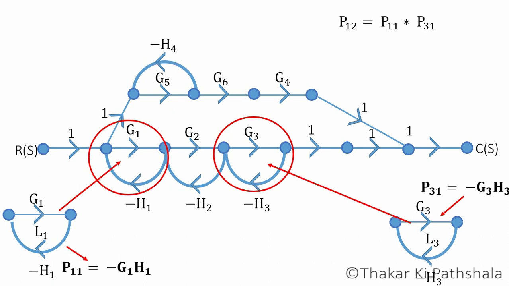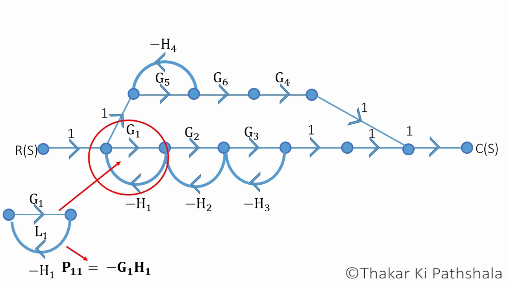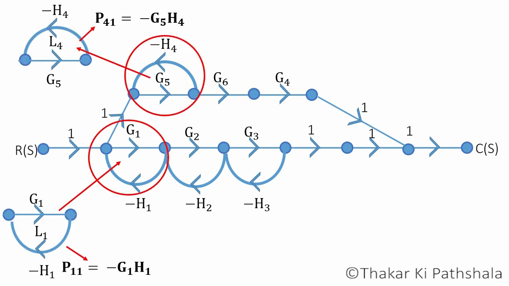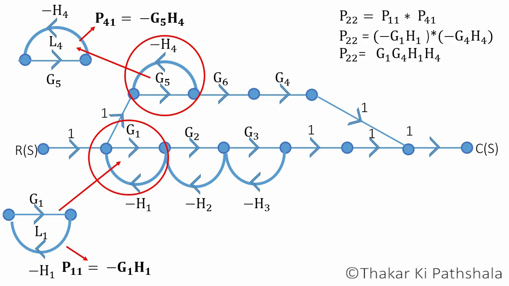Here, 2 means two non-touching loops and 1 means that this is the first pair of two non-touching loops. So the gain of two non-touching loops L1 and L3 will be multiplication of the gain of loops L1 and L3. Loops L1 and L4 are also not touching each other. So the gain of the second two non-touching loops, P22, is equal to multiplication of the gain of loops L1 and L4.